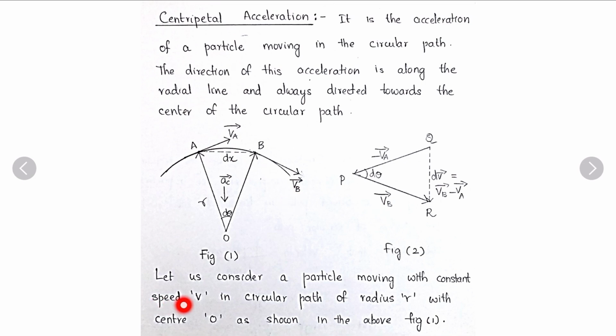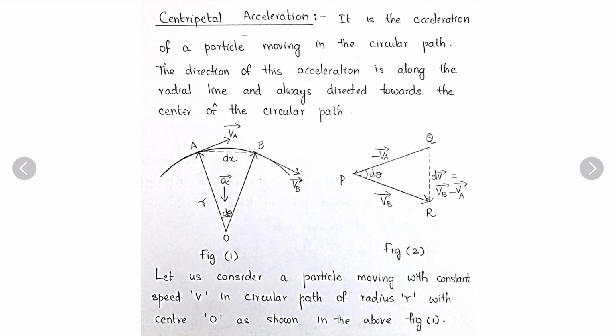So let us consider a particle moving with constant speed V in a circular path of radius R with center O as shown in the above figure. So you can see here it's moving in a circular path with constant speed V, and the radius of the circle is R and the center is O. That is shown in this figure 1.